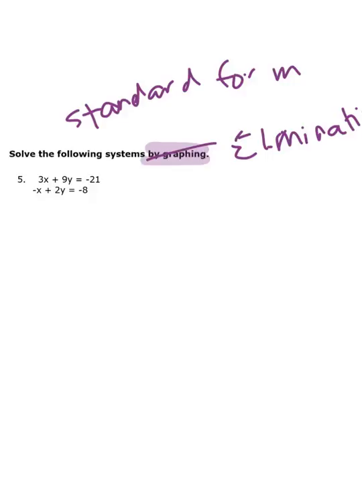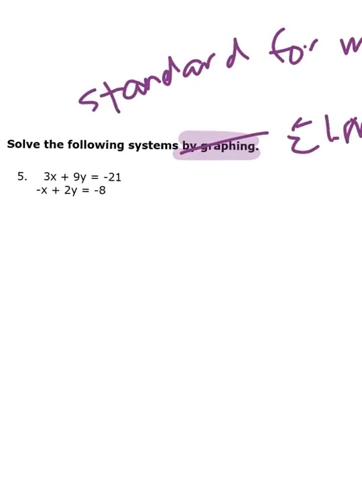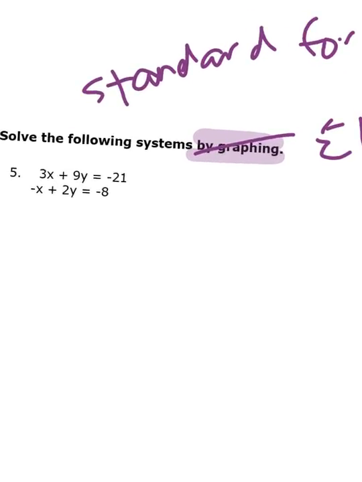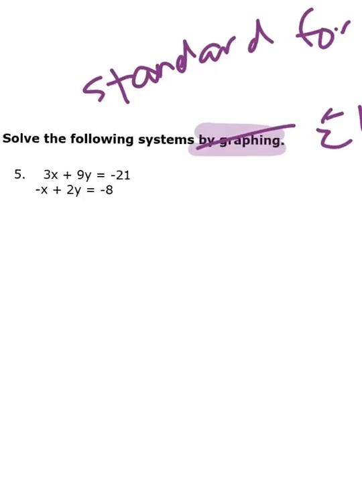So to do that, we need to multiply by a positive 3. So I'm going to take the second equation, and I'm going to multiply the entire bottom by a 3. So this becomes negative 3x plus 6y equals negative 24.